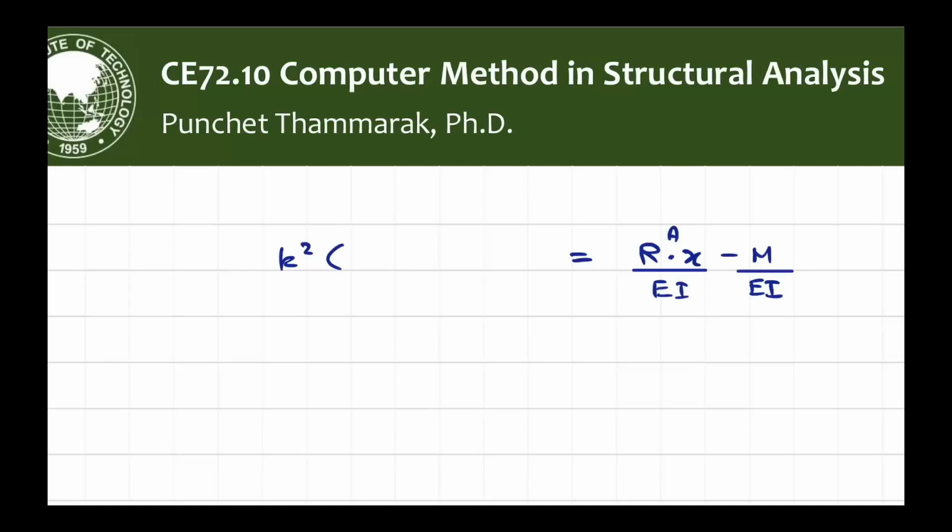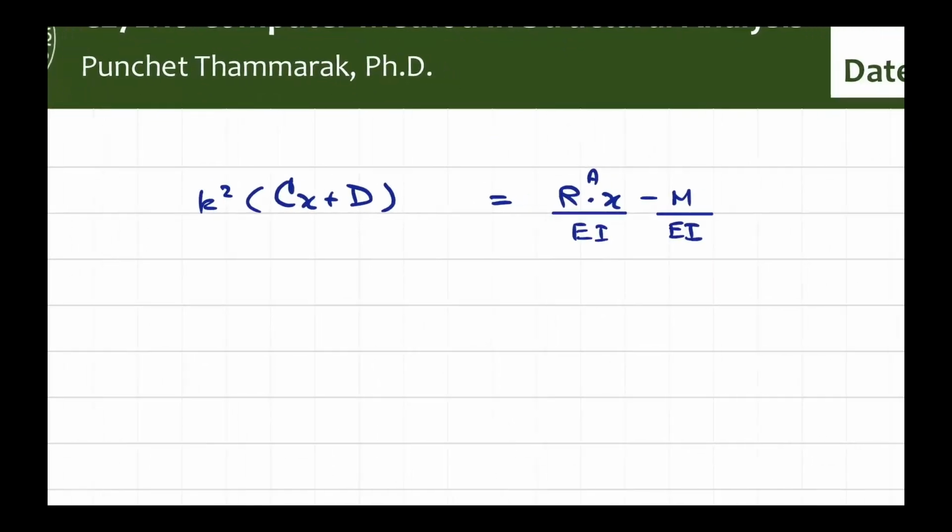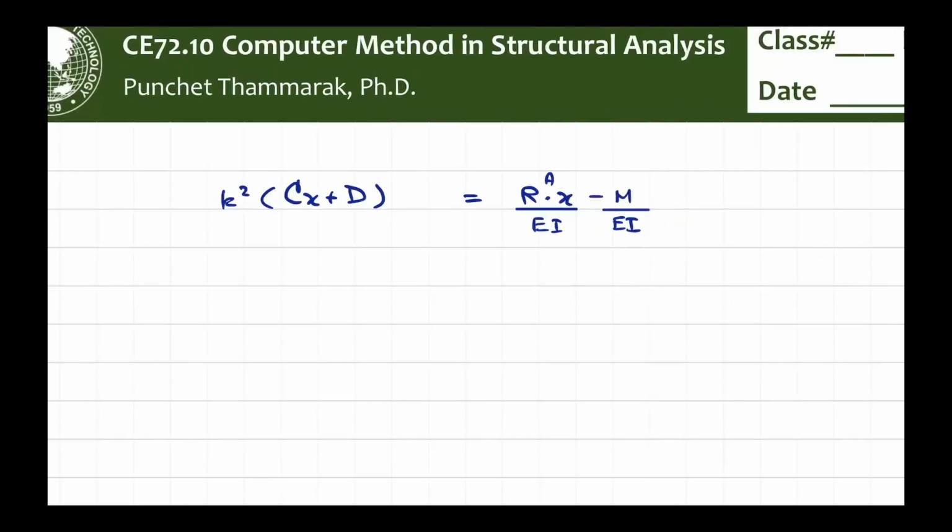K square cx plus d equals that thing on the right hand side. Well, if you want, we can replace the k square by P over EI, so I clear out this EI.